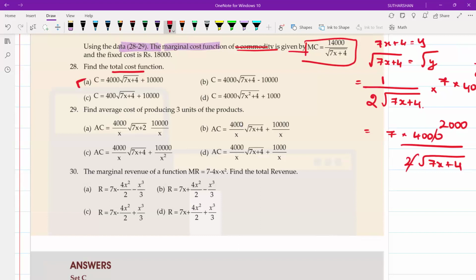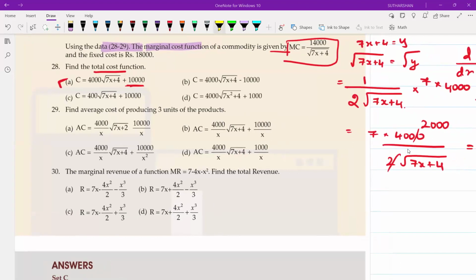But here the important point is you need to get plus 10,000 here. Just a minute. So whether we go with plus 10,000 or minus 10,000, how can I do that, sir? Here, the point is they have given a commodity, right?